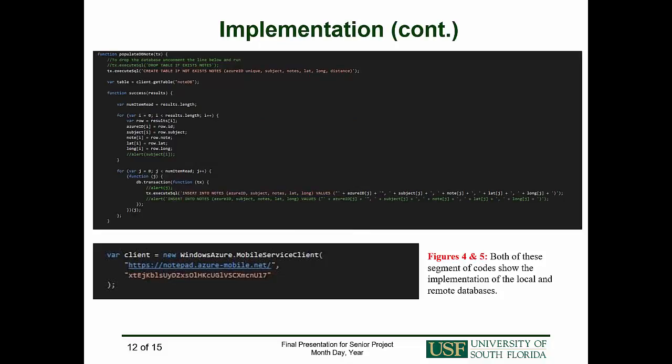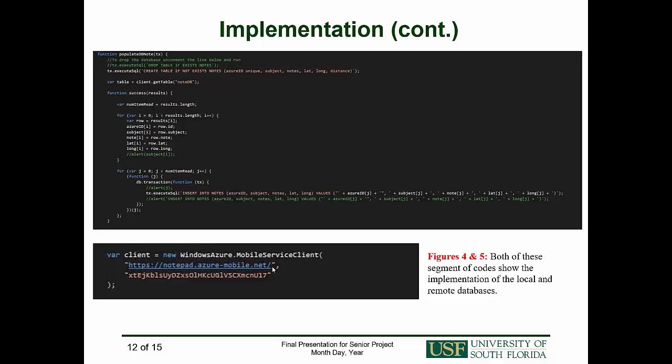So also, this is a big part of our application. This right here is a very unique code. The URL is the URL of our application. So when the URL is open, it's going to tell us whether our database is running or not. And this is the Azure database.